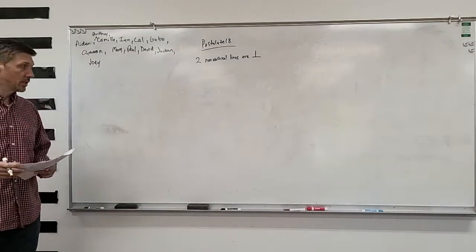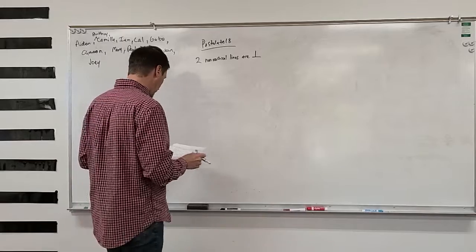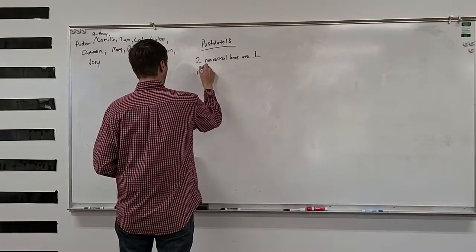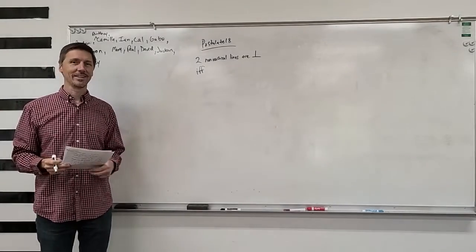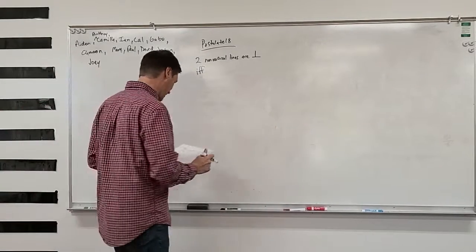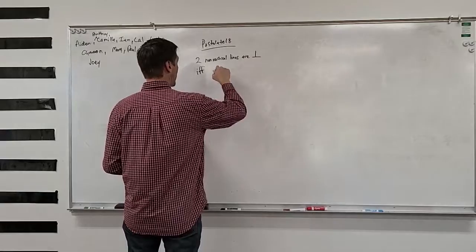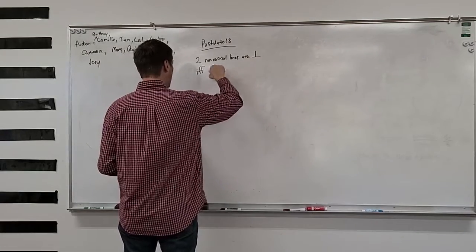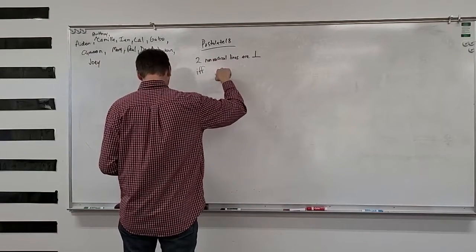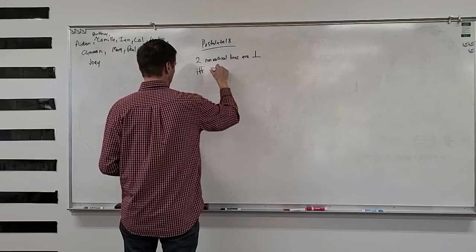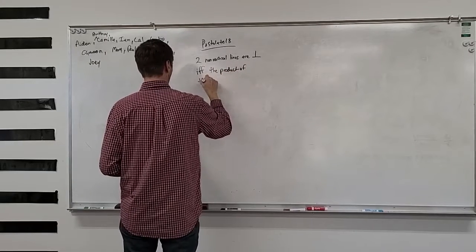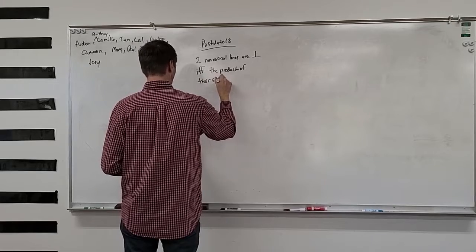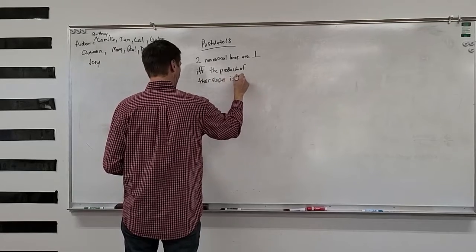Perpendicular, right? If and only if, that is IFF. I was so pleased on the test to see some of you guys use IFF. Nice. Passing on knowledge. Two non-vertical lines are perpendicular if and only if the product of their slopes is -1.